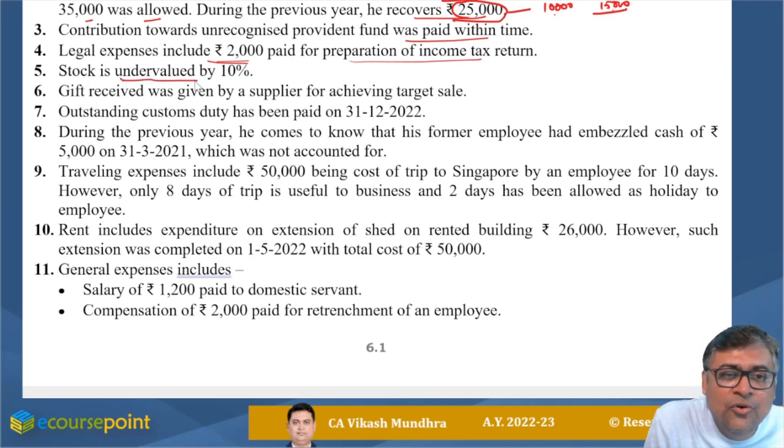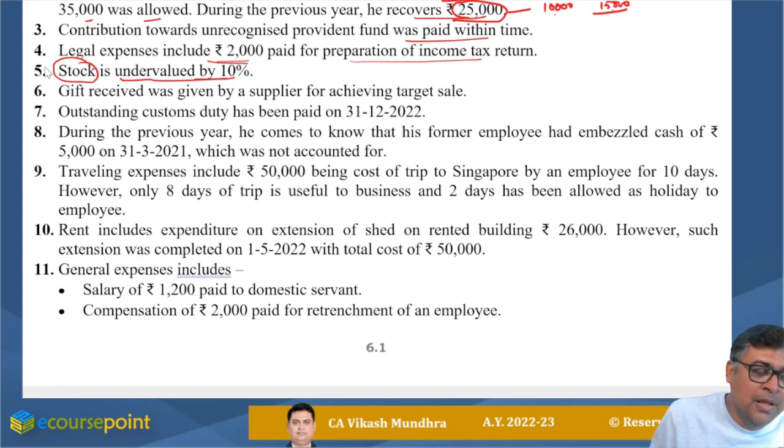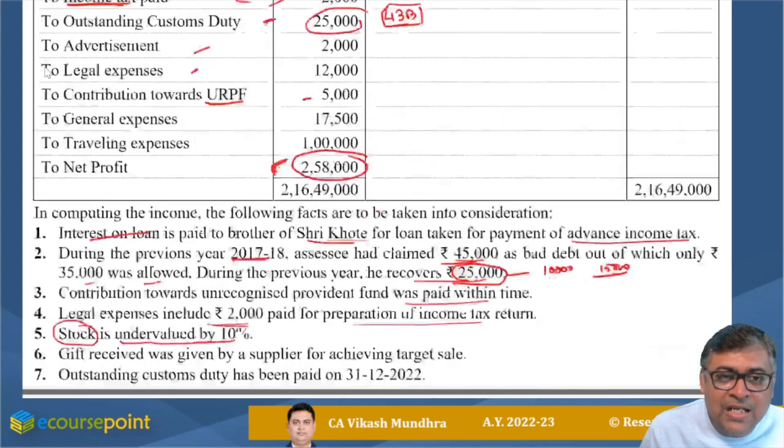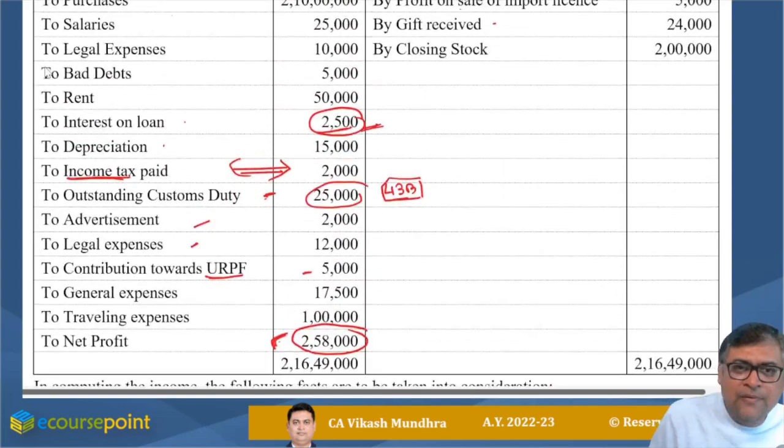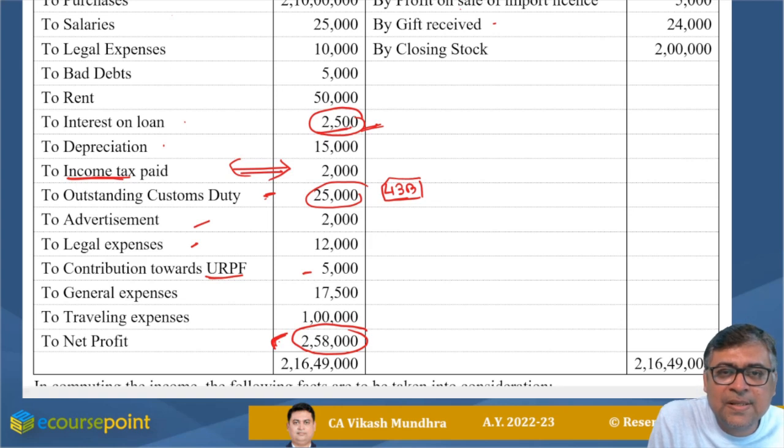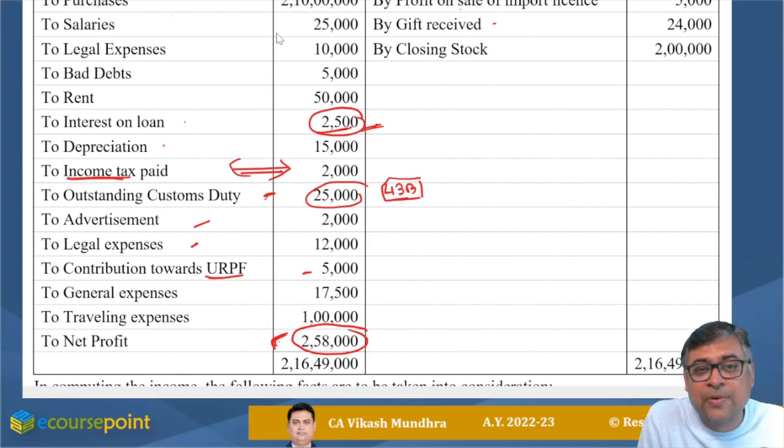Stock is undervalued by 10%. Here only the stock is mentioned. We are not sure which stock, opening or closing. The best bet is that both stocks are undervalued by 10%. That means if opening stock is undervalued by 10%, it is 90% of the actual value, and this undervaluation of opening stock has increased my profit.